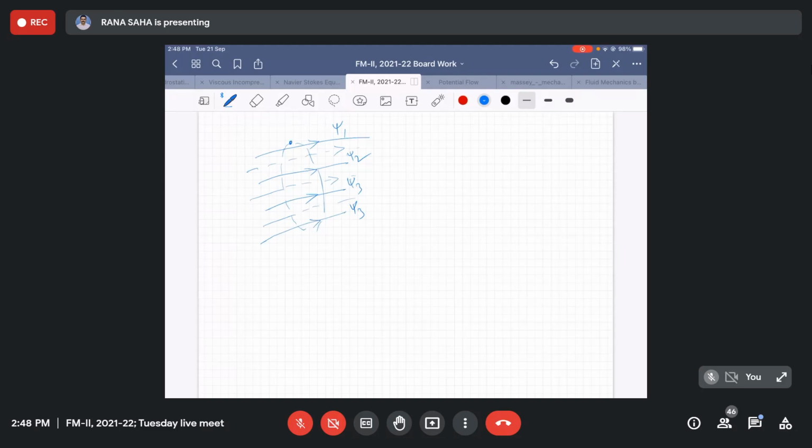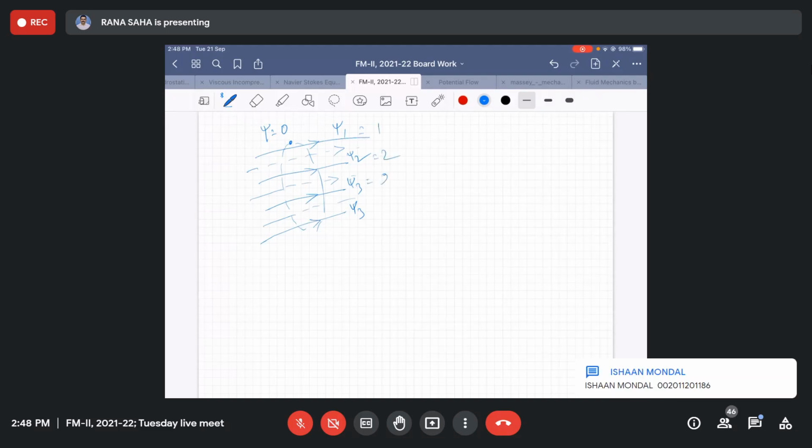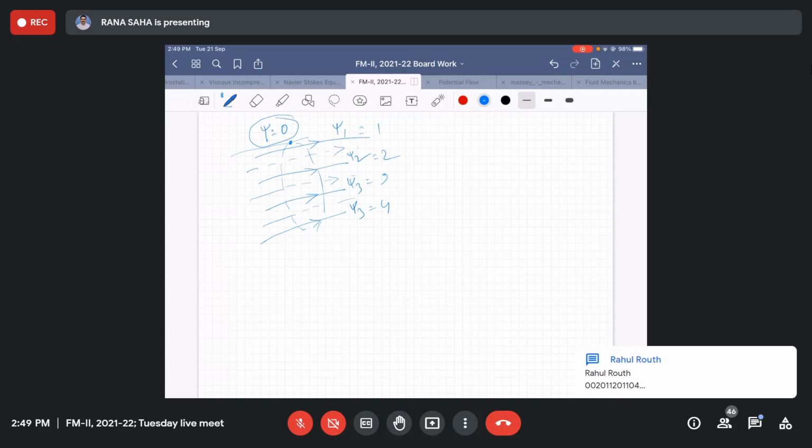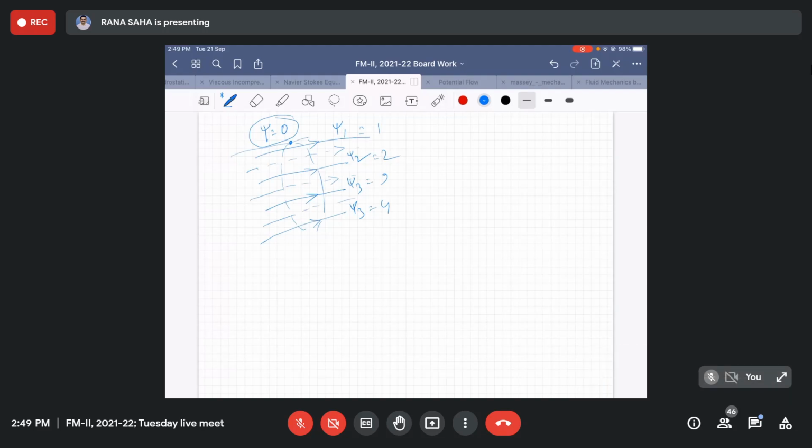So this point where you have chosen psi equal to 0, psi 1 may be some value, say 1, then this will be 2, 3, 4, and so on. So this 1, 2, 3, 4 is basically with respect to psi equals 0. Maybe at psi equals 0 you have a particular known flow rate, or it may be 0, that means if it is at the boundary.